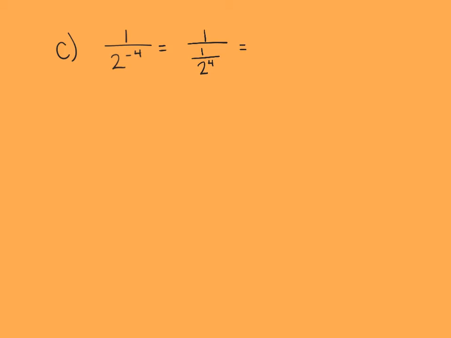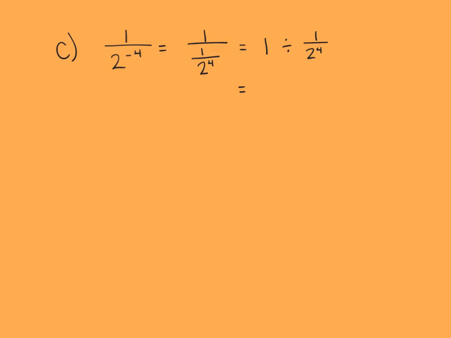Well, from here, I could rewrite this. Let me just write it out, adding a couple extra steps to think back to 7th grade math when we are dividing fractions. We have 1 divided by 1 over 2 to the 4th. That's the same thing that we've just written. We just changed our fraction line to dividing because they're the same thing.